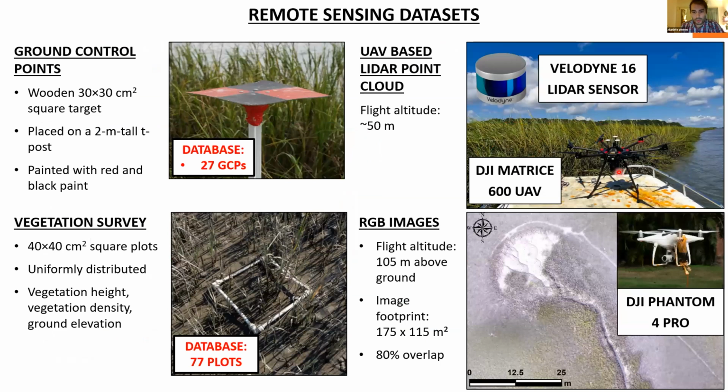To do my study, I collected different data sets. The ones on the left are from fieldwork directly on the marsh, and the ones on the right I got using remote sensing technologies.